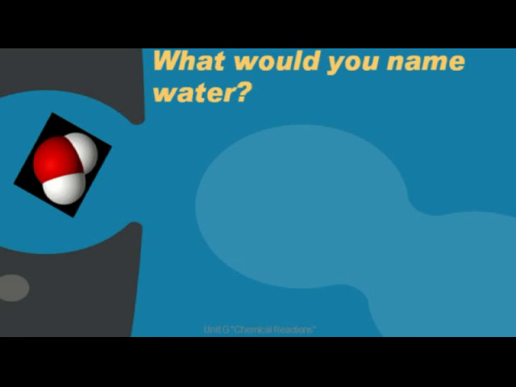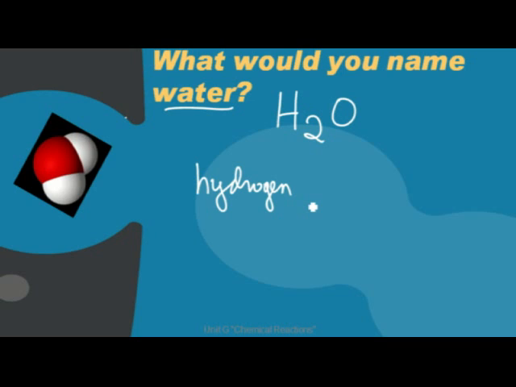What would you name water? Water is a covalently bonded compound. We have 2 hydrogens and 1 oxygen. We want to know what its chemical name would be. Now, when we're naming a covalently bonded compound, we need to first write the name of the first element. So we write down hydrogen. The next step is to write down how many hydrogens we have. It's going to be dihydrogen.